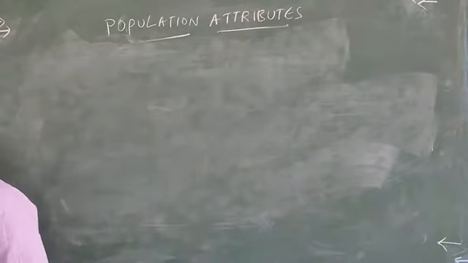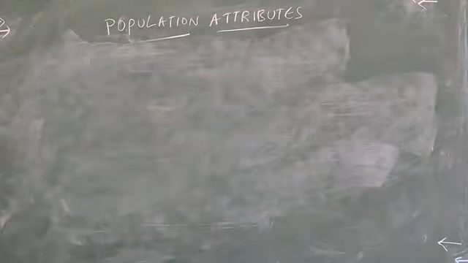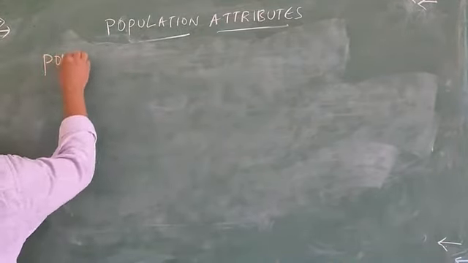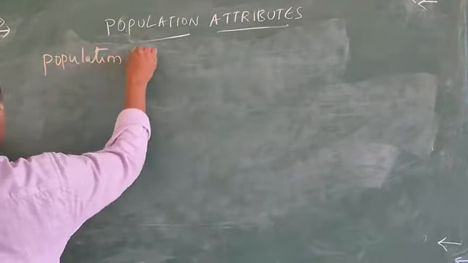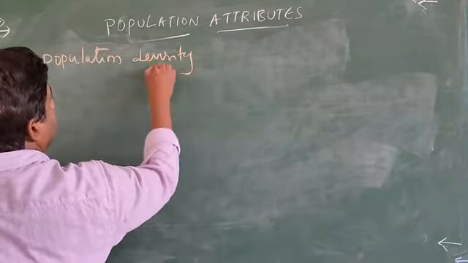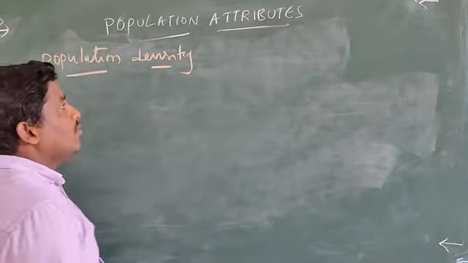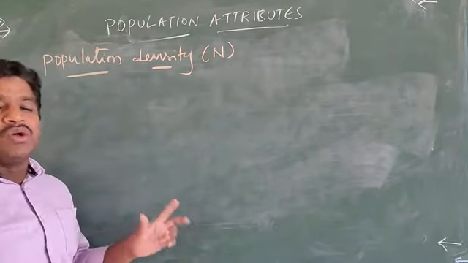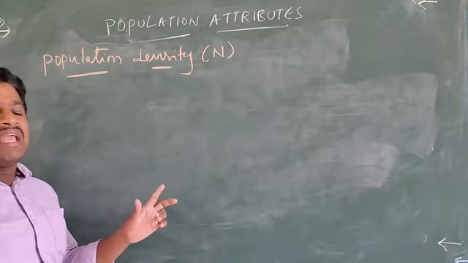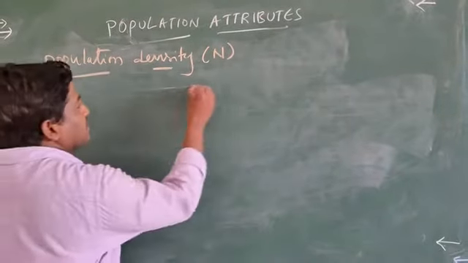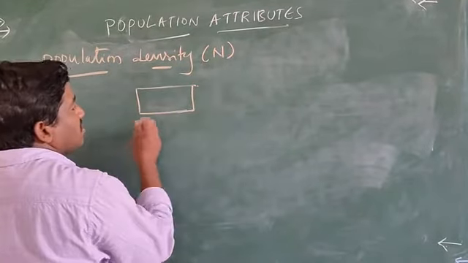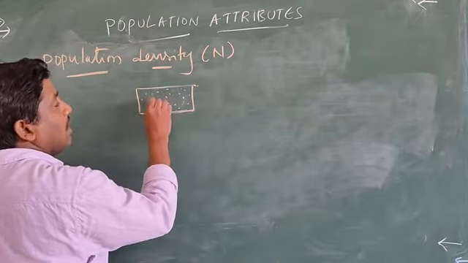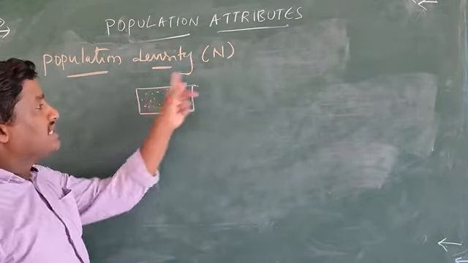Next, we are going to discuss population density. Population density is indicated by N. It is the number of individuals present in an area.